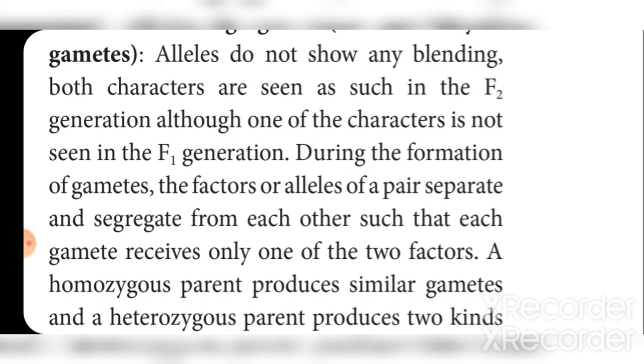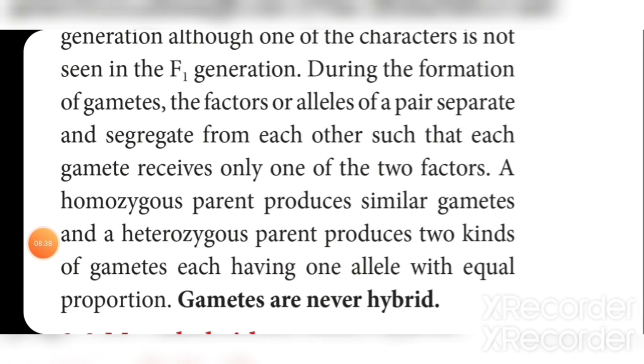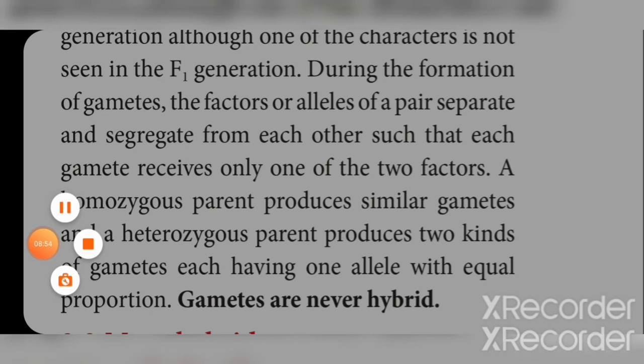A homozygous parent produces similar gametes, and a heterozygous parent produces two kinds of gametes, each having one allele with equal proportions. Here gametes are never hybrid.